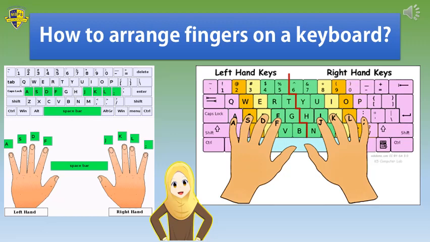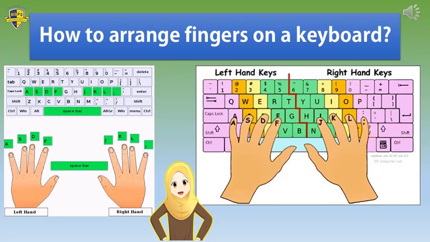How to arrange fingers on a keyboard. Let's start with the right hand. You all have a keyboard in front of you. So you can use your right hand first. Your index finger should be on the J key.